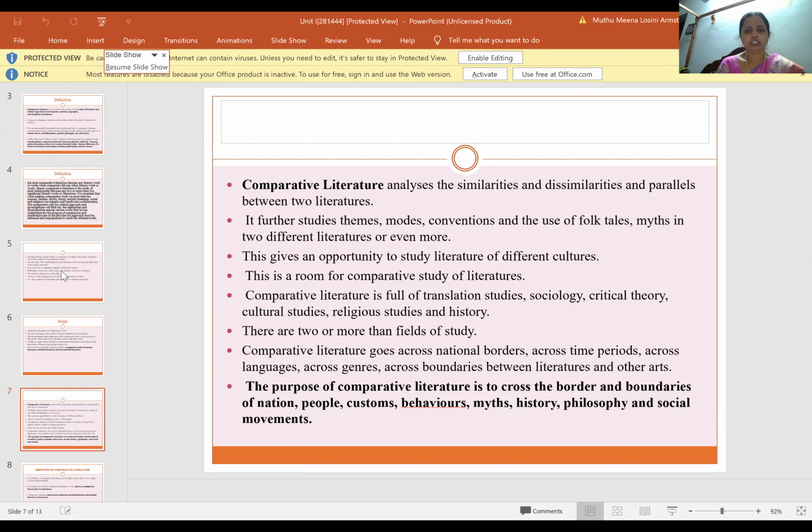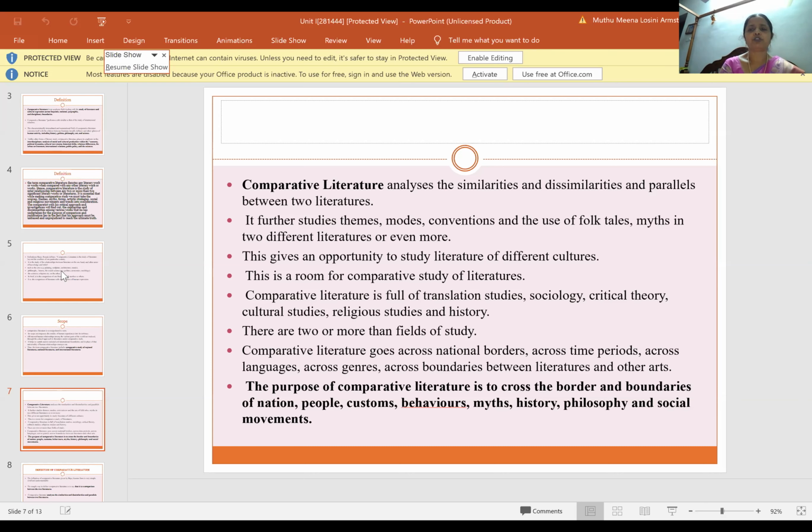Comparative literature is full of translation studies, sociology, critical theory, cultural studies, religious studies, and history. There are two or more fields of study. Comparative literature goes across national borders, across time periods, across languages, across genres, across boundaries between literatures and other arts.